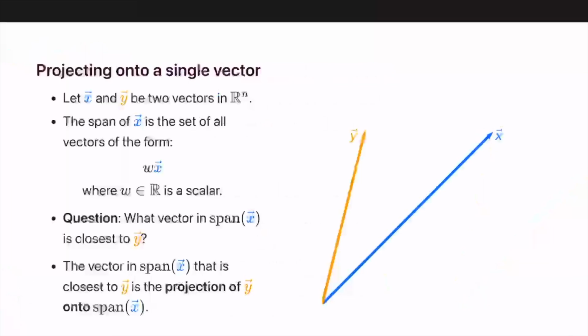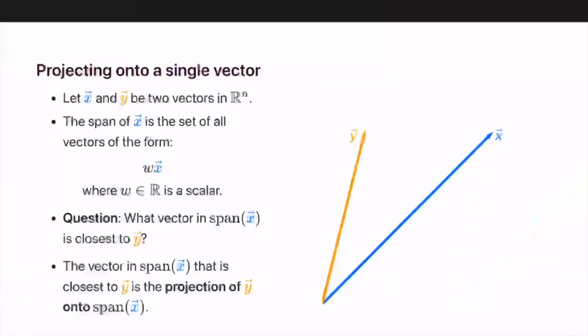So here we have two vectors, x and y, and you'll note that we're starting to use x and y because it's similar to what we're doing in machine learning, where we have some x's and we're trying to predict a y, variables that we're used to. Anyways, x and y are two vectors in two-dimensional space. The span of x is the set of all vectors of the form wx.